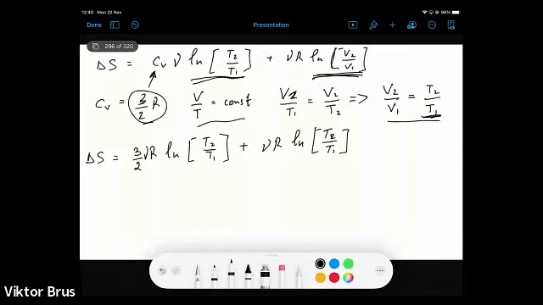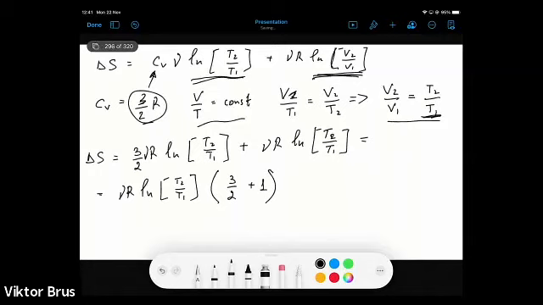So now we actually can take out of parentheses nu times R times natural logarithm T2 divided by T1. And here we will have 3/2 plus 1. Eventually we get 5/2 nu R natural logarithm T2 divided by T1.